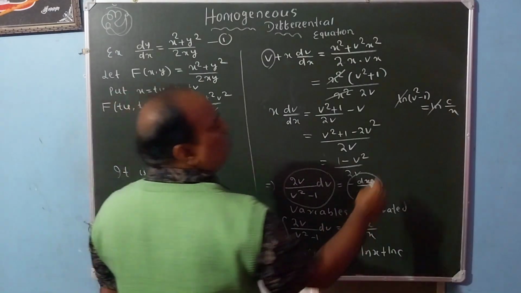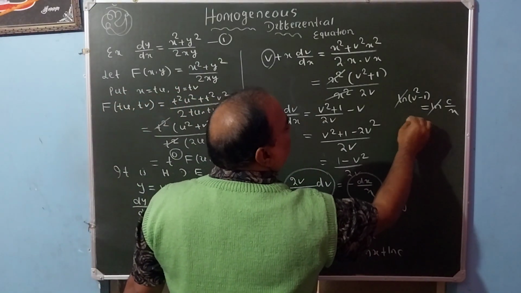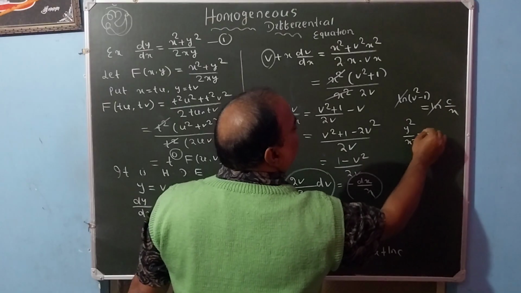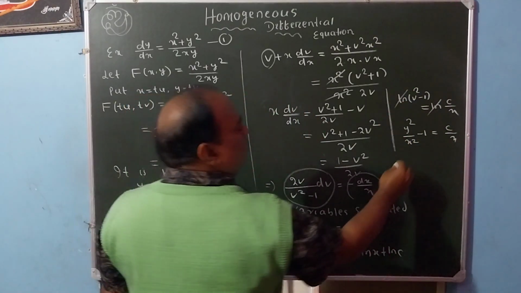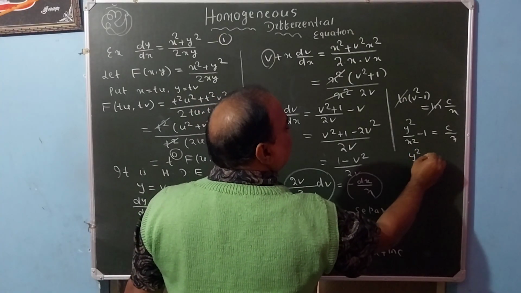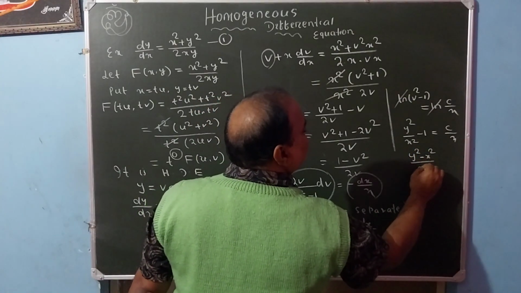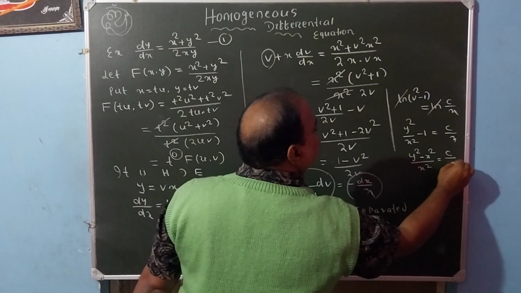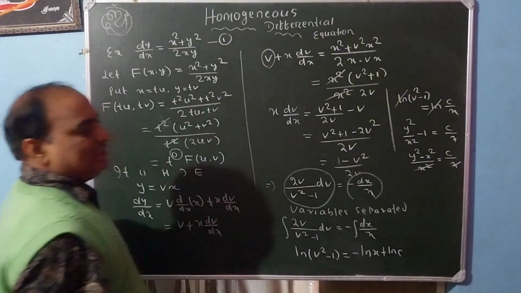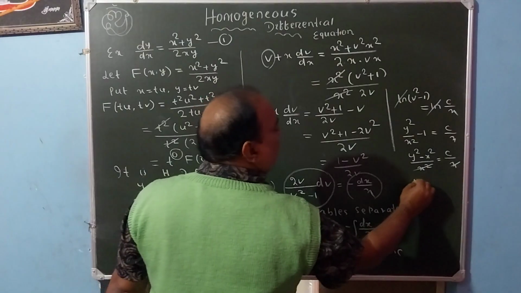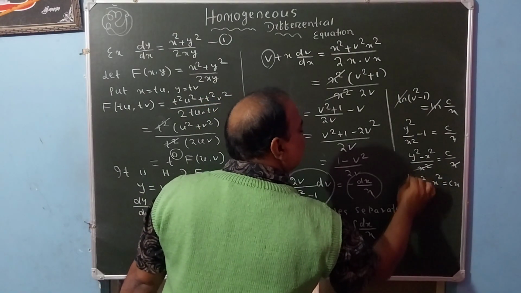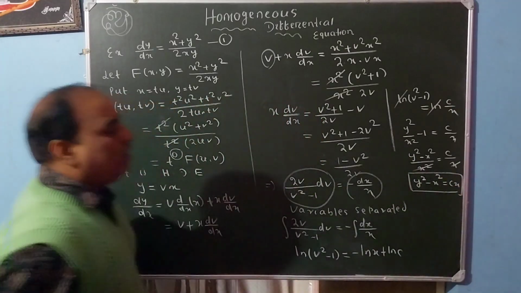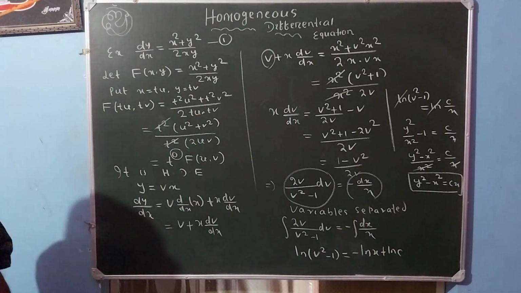Now putting v is equal to y by x. y square by x square minus 1 is equal to c by x. Okay. So (y square minus x square) by x square is equal to c by x. One x cancels with this. So we get y square minus x square is equal to cx. This is the solution of the differential equation.